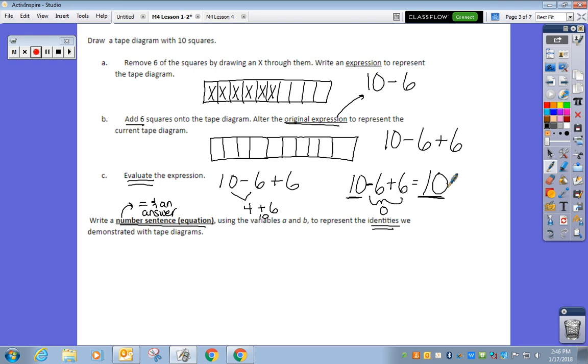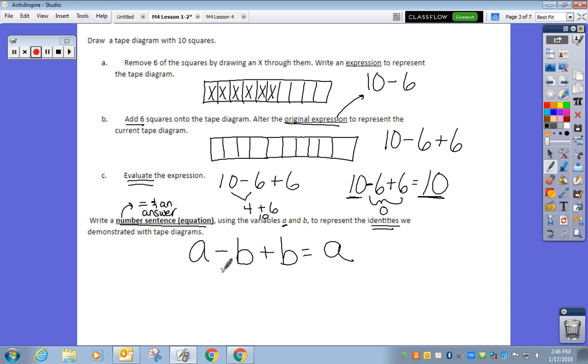I'm going to take anywhere I see 10 in this equation and replace it with the letter A, and anywhere I see 6, replace it with the letter B. So it's going to look like A minus B plus B is equal to A. This is saying I can take a number, subtract something from it, add that same thing back on, and wind up back at that number again.